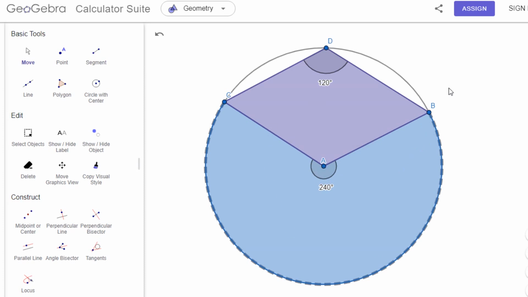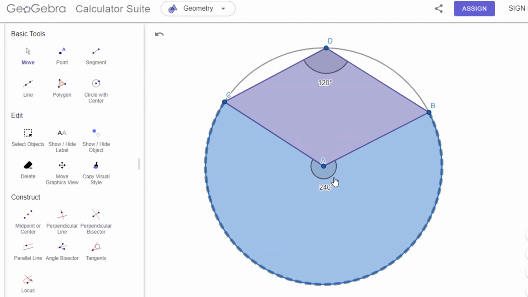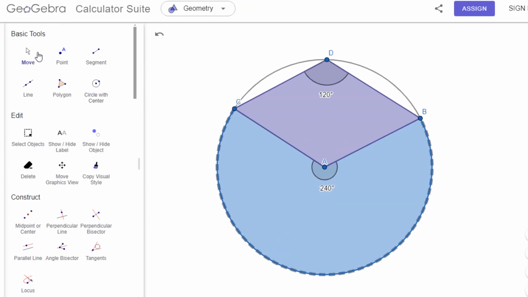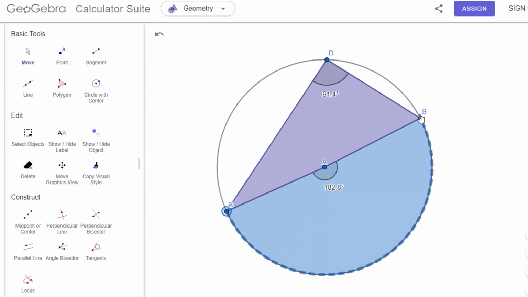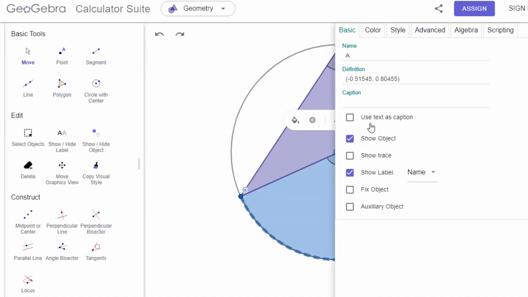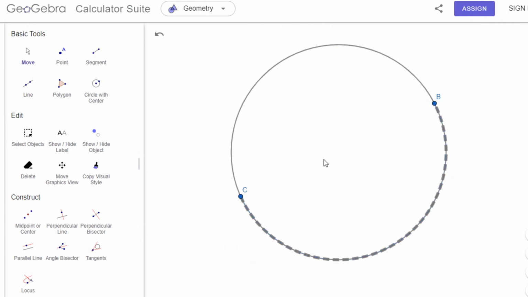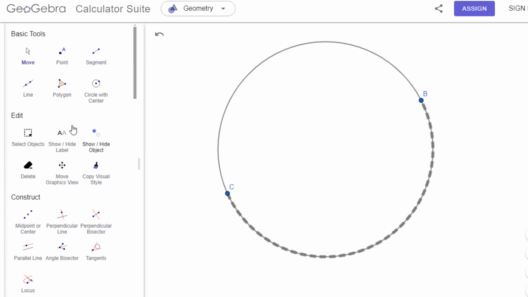So now today we are learning this theorem, and as you can see, we have points that we can use from that previous lesson. So we're just going to use these points in order to speed up the lesson. That's all we need. All we need is an arc and two lines.